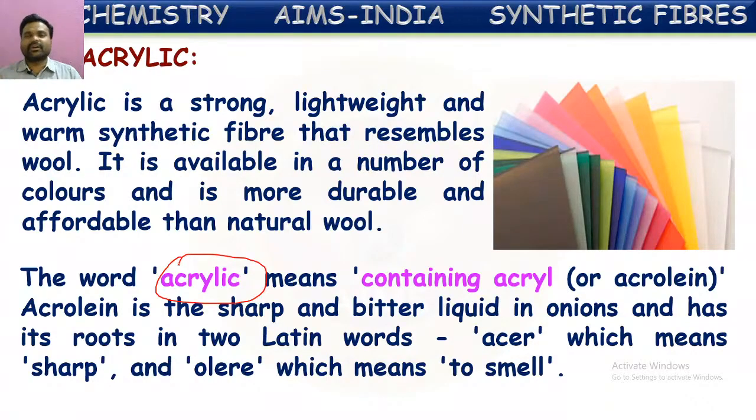Because of these two words, it is derived from the Latin words and it is called acrylic. It is one of the synthetic fibers which resembles wool, and hence it is called artificial wool or fake fur.